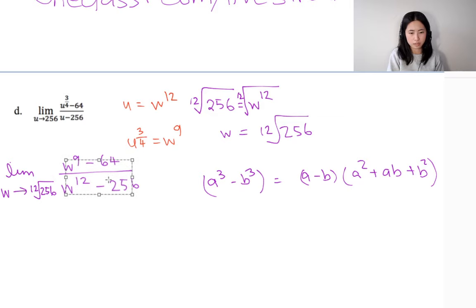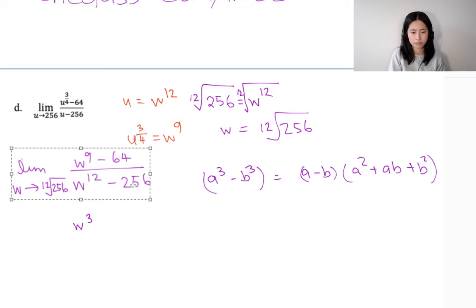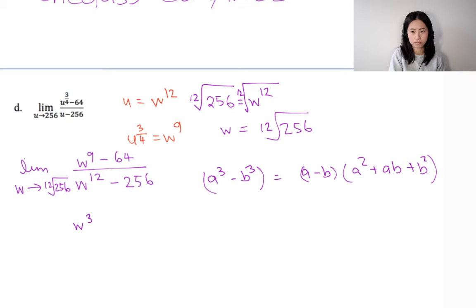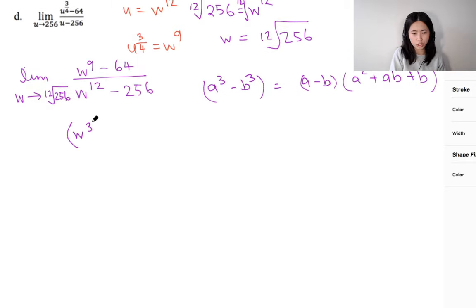Okay, maybe let me just move that. Great. So now if we have this, we can start by saying that w raised to the power of 9 is expressed as w raised to the power of 3, and then you just have to make sure you have this bracket, raising this to a power of 3 again. Remember your exponent rules.